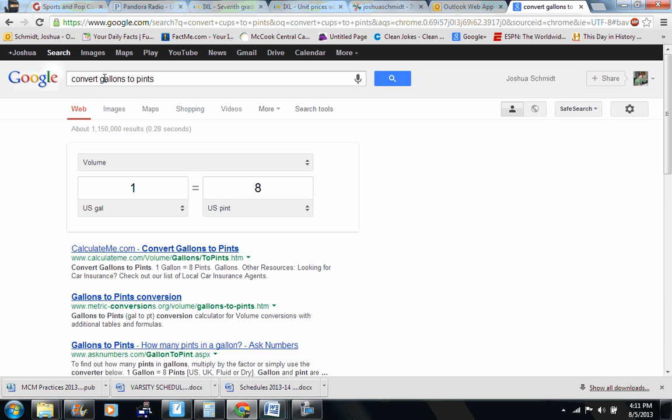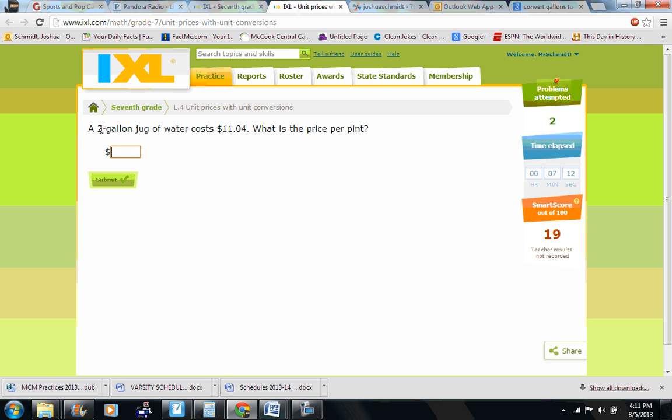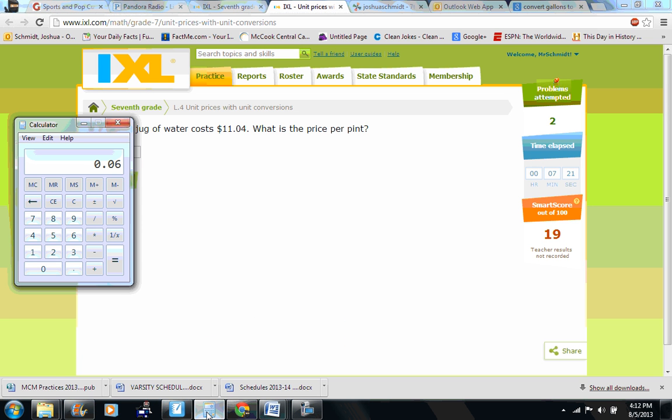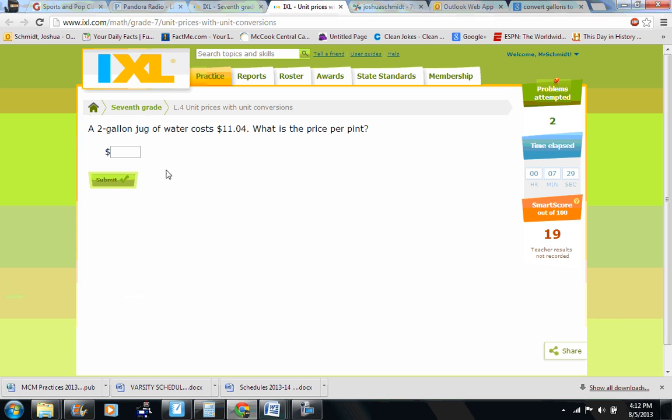That means there are 8 pints in 1 US gallon. So that's 16 pints total. So I'm going to do 11.04 divided by 16, if I can open this up correctly. There we go. Divided by 16. There we go. 0.69, so 69 cents per pint.